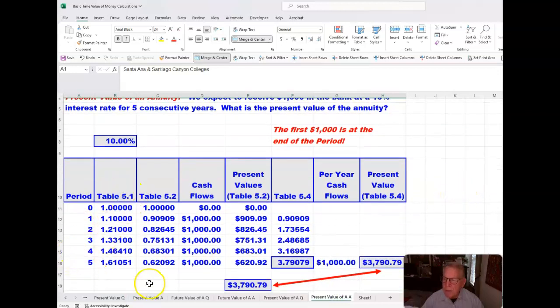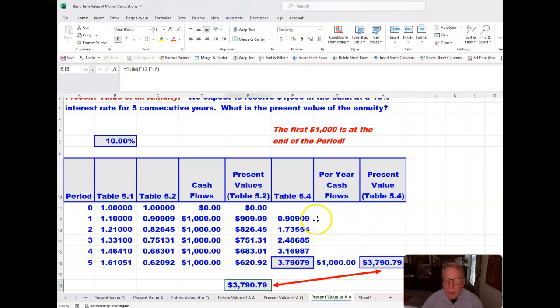Here's our table 5.1, here's table 5.2, and our cash flows here. Notice in this case, we're starting with period 1. If I multiply these through for each one individually times table 5.2, I get $3,790.79. But it's a whole lot easier to use table 5.4.